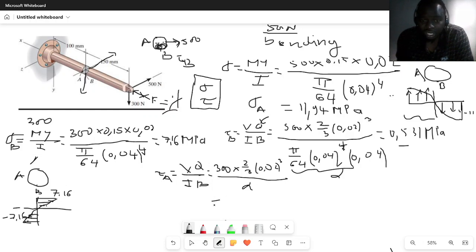What I did here, I don't want you to do it during the test and say that because I did it, please. I was just lazy to rewrite everything here. I called it alpha, put alpha here so that we can have the answer. But please, I'm repeating, during your test or whatever you are doing, please write it down. So if you do this, what is the shear stress, guys?